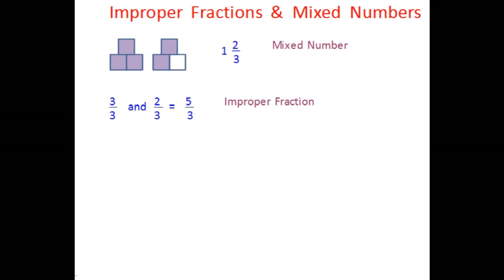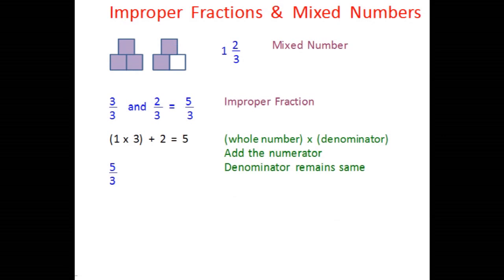So how do we do that? Here we take the whole number, which is 1, and multiply it with the denominator, which is 3. So 1 multiplied by 3. Add the numerator. So 1 3s are 3 plus 2, it becomes 5. 5 is your new numerator and the denominator remains the same.